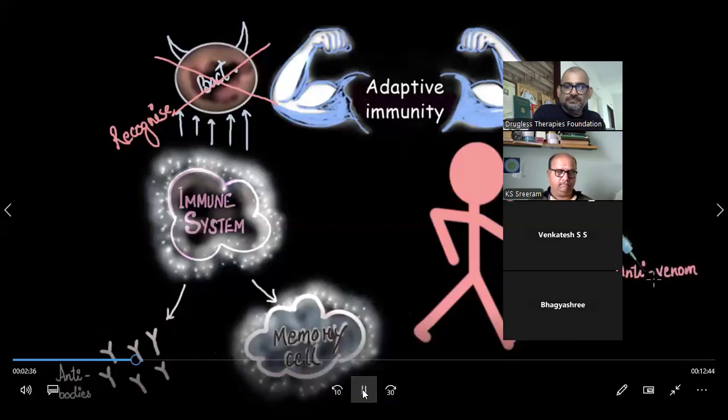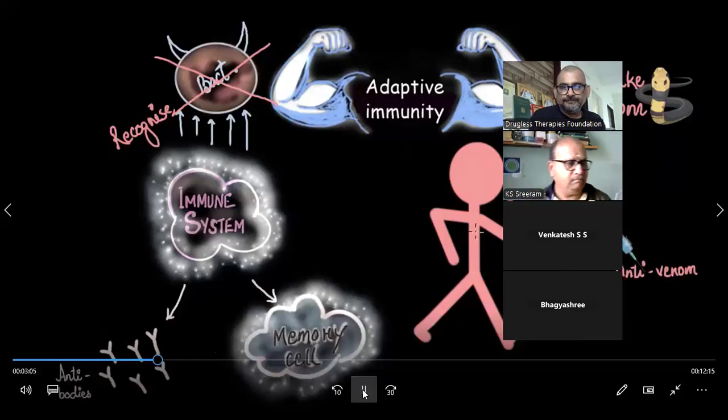Now my question is, just like the bacteria, the snake venom is also a foreign substance for the body. And just like our immune system worked against the bacteria, our immune system should also work against the snake venom, right? So why do people panic during a snake bite? And why do we rush to hospital and get anti-venom shots?